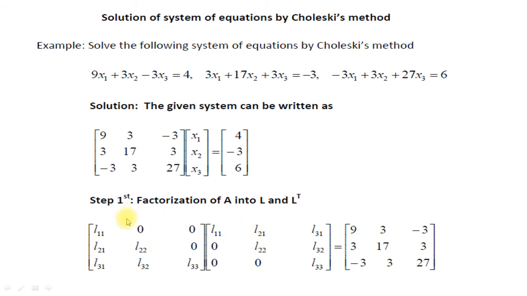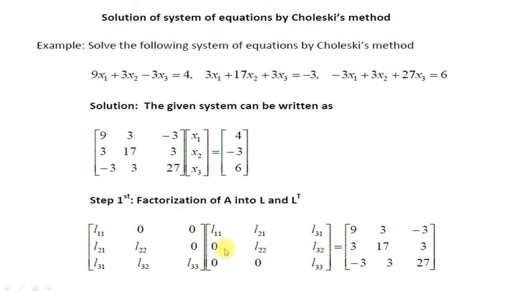Dear students, I would like to tell you again that we have three methods in the LU decomposition method for the solution of a system of linear equations. One is the Doolittle method, the other is the Crout's method, and the third one is the Cholesky method.